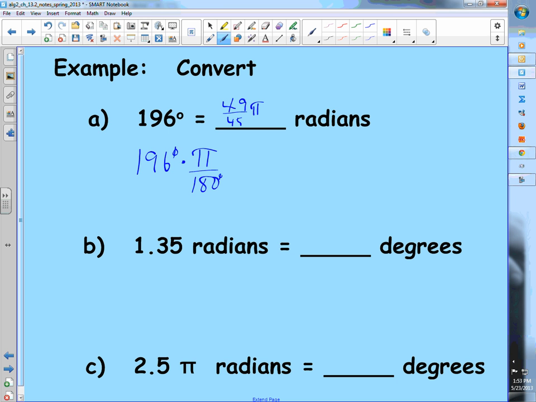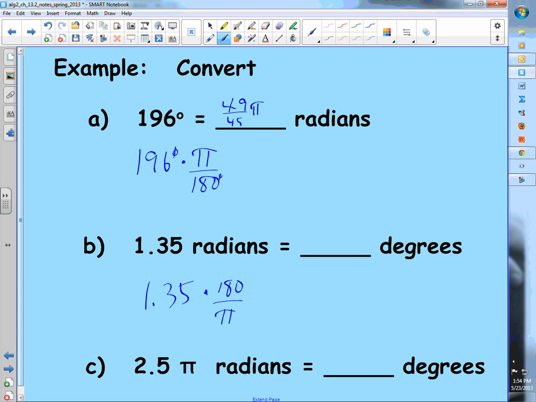Emma, how about the next one? 1.35 radians. How am I going to do the conversion? Multiply by 180 over pi, because we want to end up in degrees, so we're losing the pi. And what's 1.35 times 180 going to give you? 243, exact?